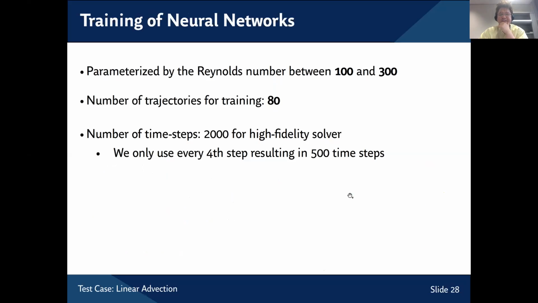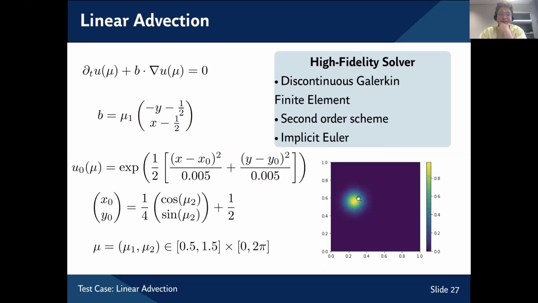For the initial condition, I considered a Gaussian profile and varied the location of this Gaussian profile. For the parameters of the problem, I consider the location of the Gaussian initial condition and the velocity of the advection.